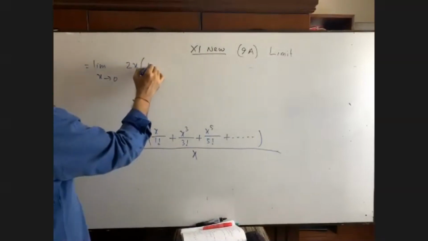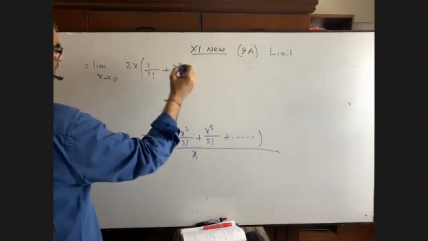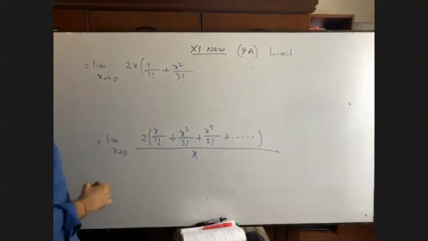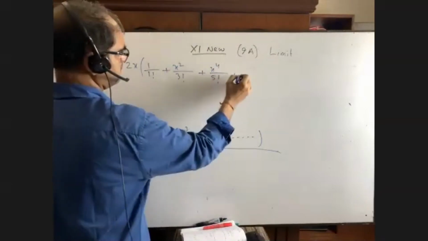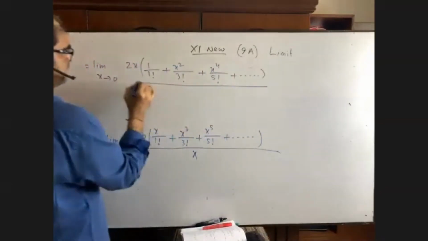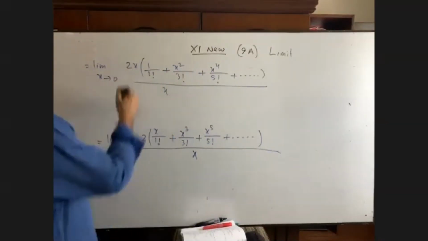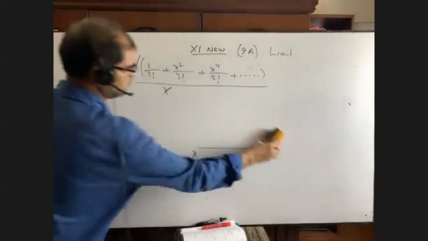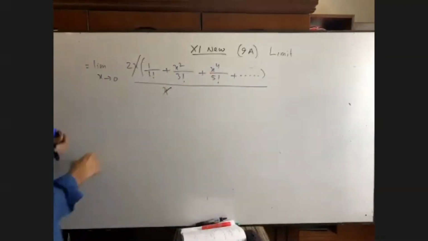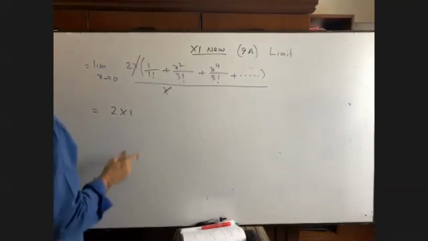So here 1 by 1 factorial, here x square by 3 factorial, here x to the power 4 by 5 factorial plus dot dot dot, all divided by x. Now actually what we are getting here, this x cancelled. Now can we put the value of x equals 0? Now you put x equals 0 because there is no x in the denominator. So 2 into 1, the rest is 0. So our answer is 2.